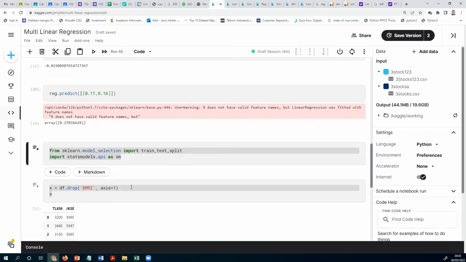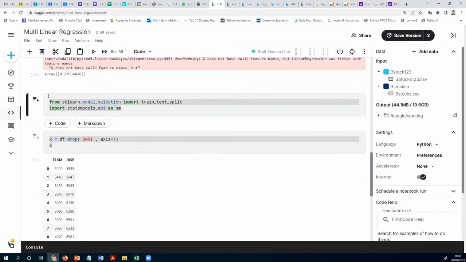And then from sklearn, we import again train, test, split. We import again statsmodels.api as SM. And then for X data, we drop Mandiri because we only need Telkomsel and Jakarta Stock Exchange.